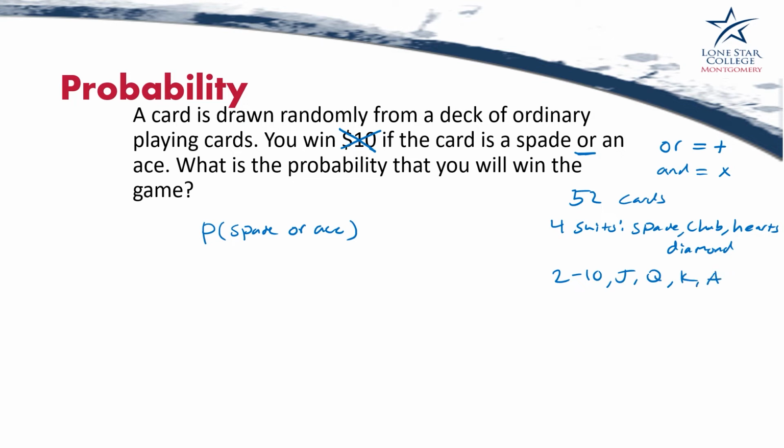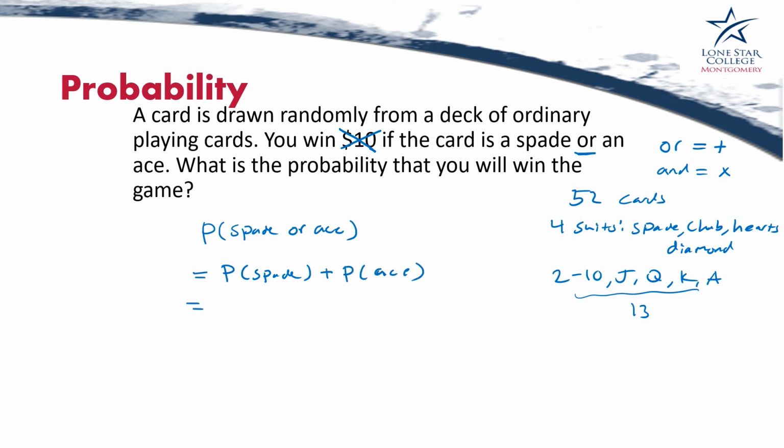That makes a total of 13 cards per suit, and 13 times 4 gets us 52 cards. So for the probability of getting a spade or an ace, because "or" means addition, we can find the probability of a spade and add that to the probability of an ace.